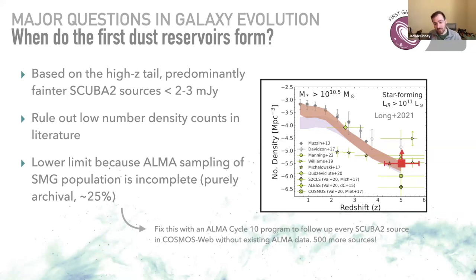If you start to increase the number of dusty galaxies, and to be fair, something that Ariana is really digging into right now is whether we have a good number density of quiescent galaxies at redshifts greater than 3. That's also an important place to match, right? Because if we end up finding more quiescent galaxies, then we're going to need to find more dusty galaxies, perhaps, to explain that, assuming, of course, it's a progenitor population. Are these semi-analytic models? Yes, this is a semi-analytic model that Ariana Long has developed.